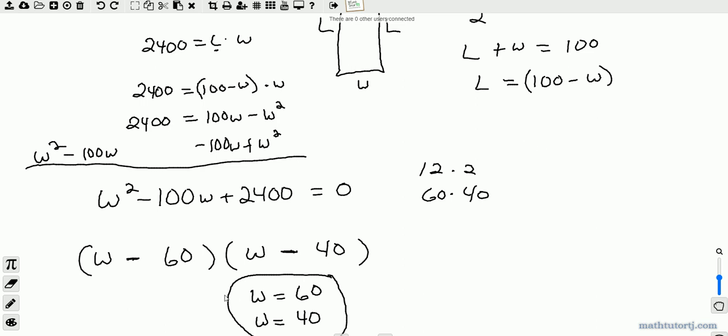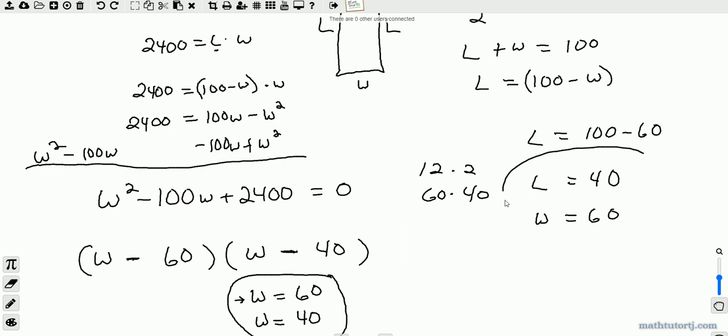So let's say I want W to equal 60. I say L equals 100 minus 60. L equals 40. And width equals 60. And we are done.